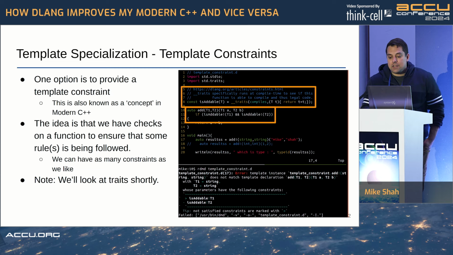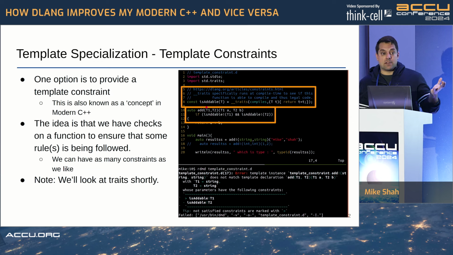Template specialization is also allowed, as mentioned, if you have different types. And then, of course, you can add different template constraints or concepts. Again, just a really powerful part of the library, from a traits library.